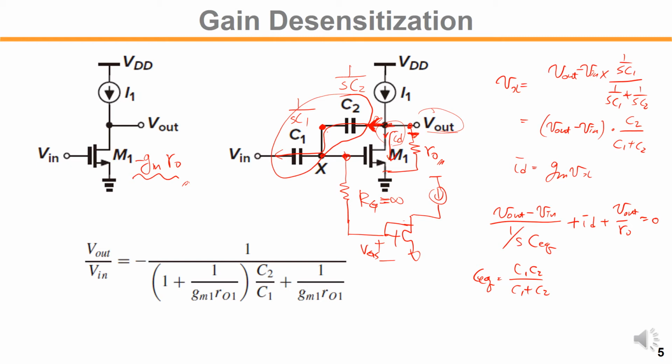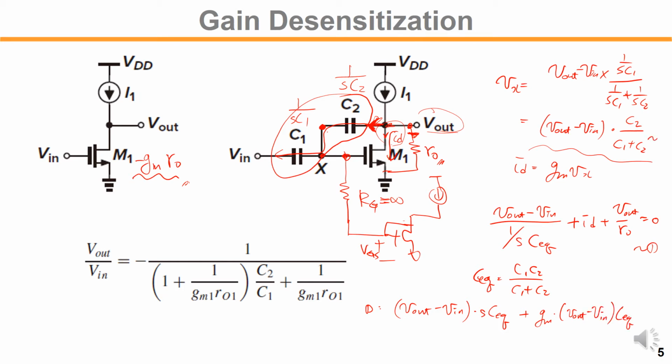So the ID we have here. So rewriting equation 1 would be minus V in times S C equivalent plus GM times V out minus V in C equivalent, right?